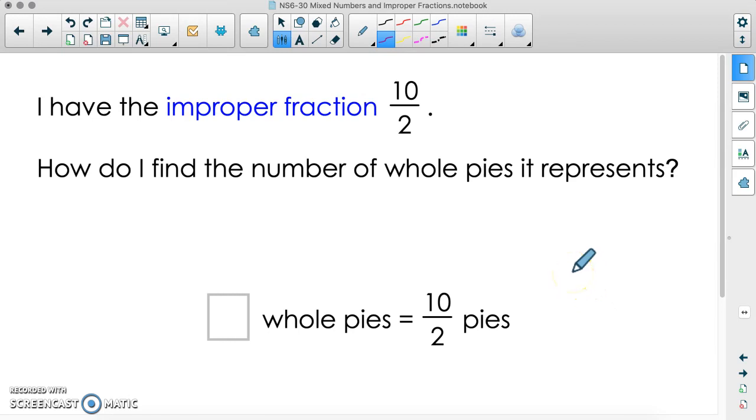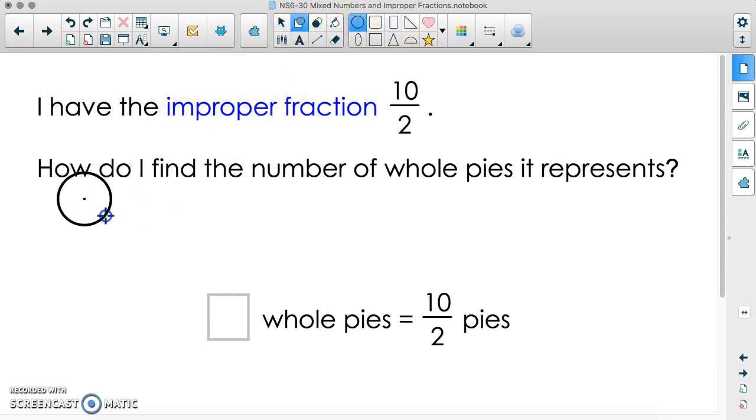Now, if I have the improper fraction of 10 over 2, how do I find the whole number of pies it represents? How do I go from an improper fraction to a mixed number? Well, I know that if I drew this picture out, I would have pies that are divided into half.